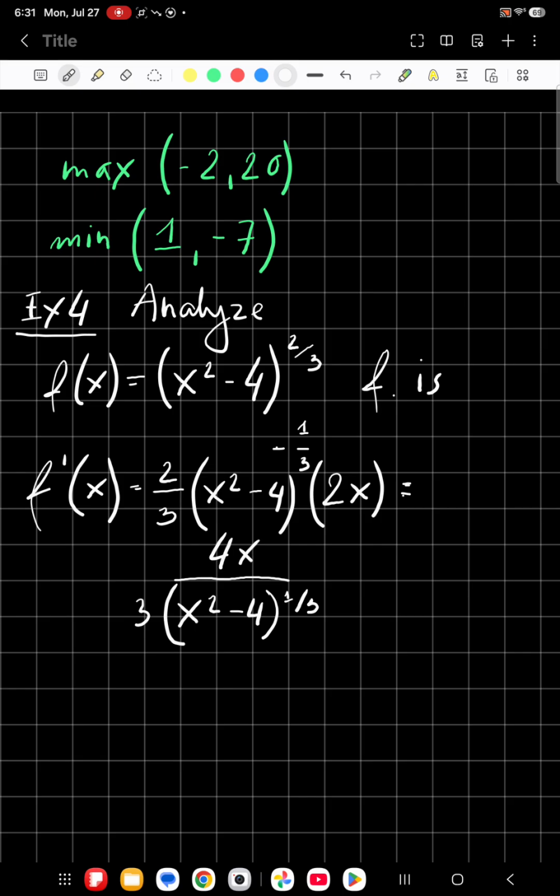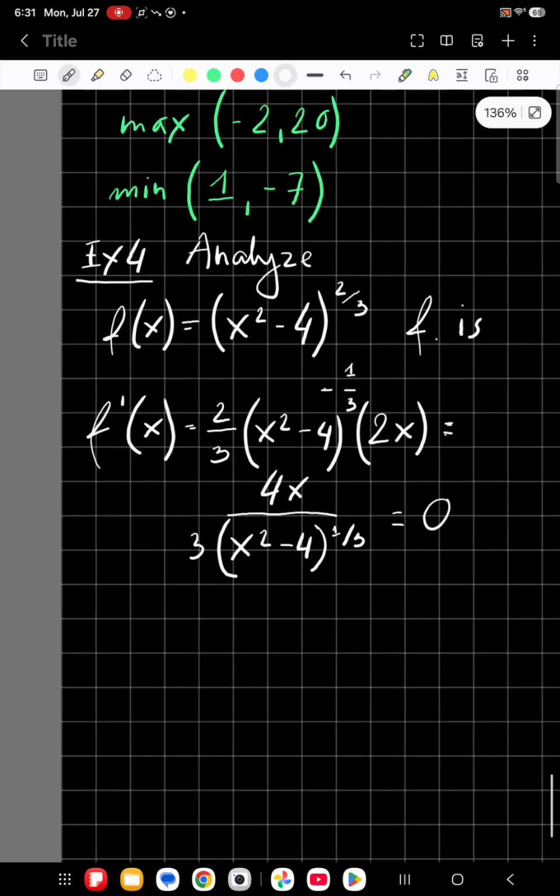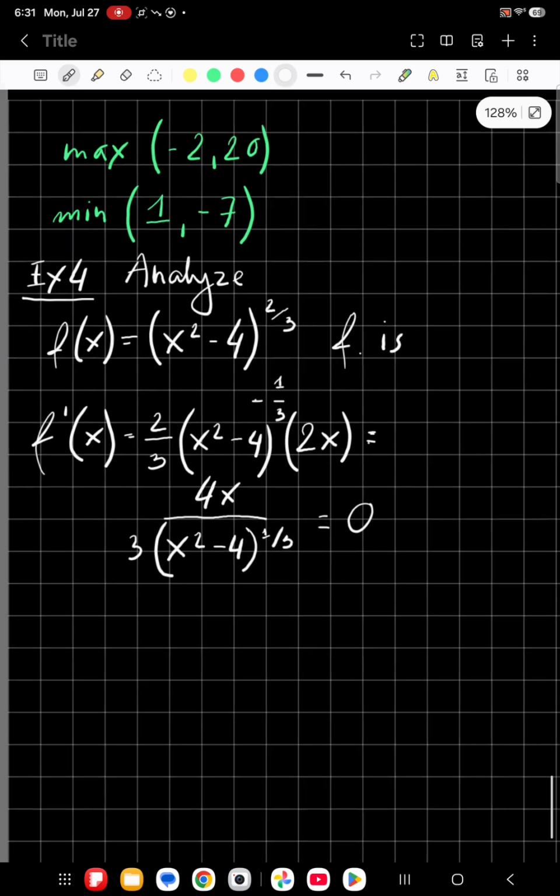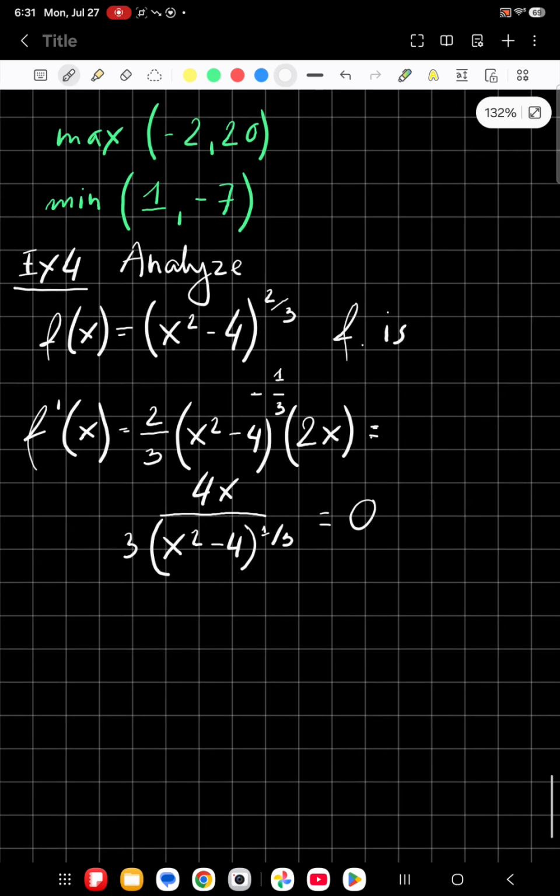Okay, and we need to make it equal to 0 and solve it. So if we solve it for x, you're simply going to get x equals 0, because the only way to make it 0 is by plugging in 0 here. So x is 0. But keep in mind that critical numbers were also numbers where the derivative doesn't exist, where the derivative is not defined. Those types of critical numbers usually come from the denominator.